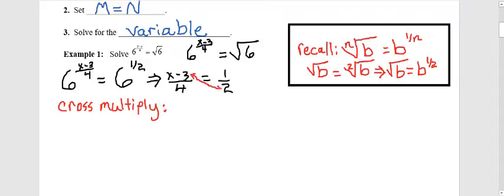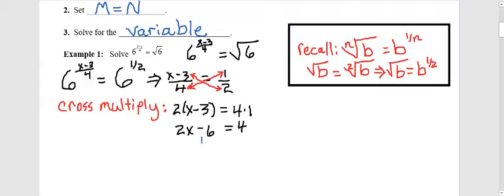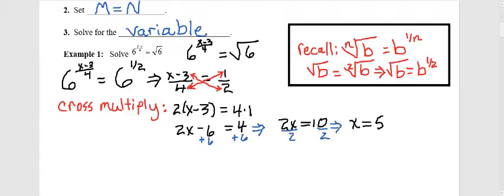The top left is multiplied by the bottom right, and the right top is multiplied by the bottom left to give 2x minus 6 equals 4. Add 6 to both sides, and you now have 2x equals 10. Divide both sides by 2, and you have x equals 5. So the solution set is the set containing 5.